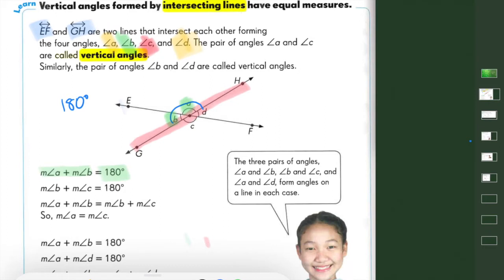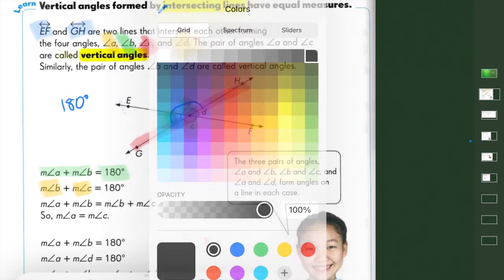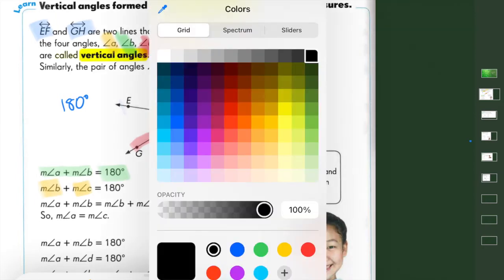Now we can also look at angle B and angle C. Angle B and angle C are also on a straight line. Let's get another color here.